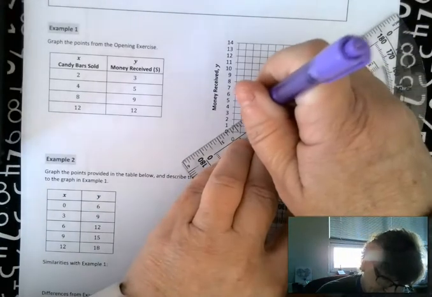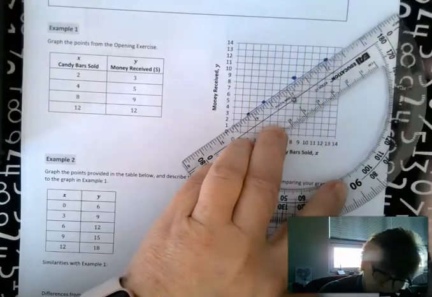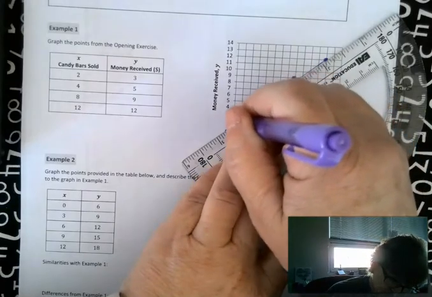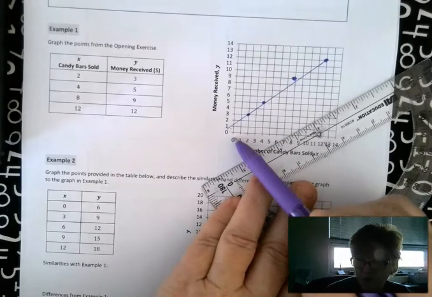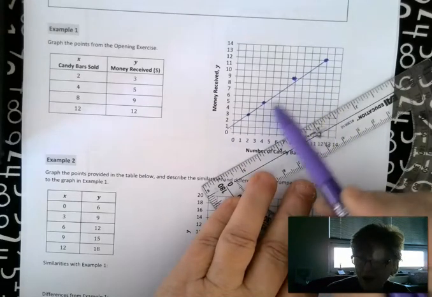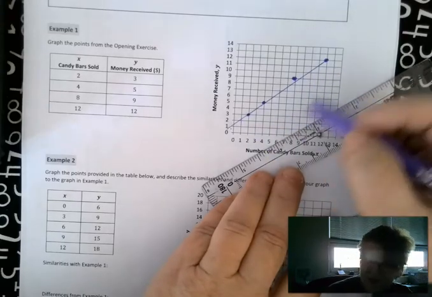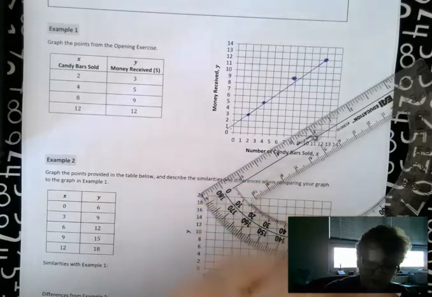Okay. So if I connected the first and the last points, hopefully you're noticing a couple of things. One, it does not cross at 0, 0, and all the points are not on that line. So that means that these points will not make a straight line.